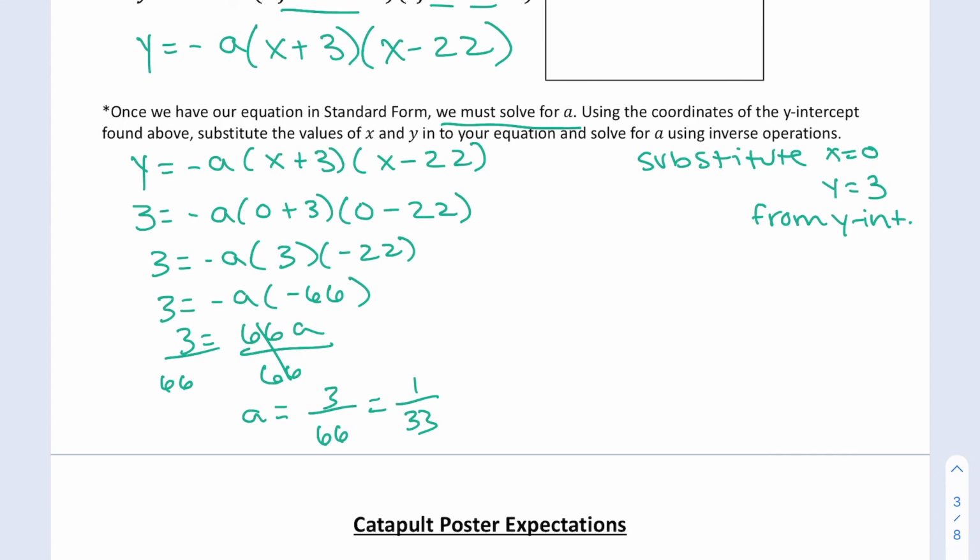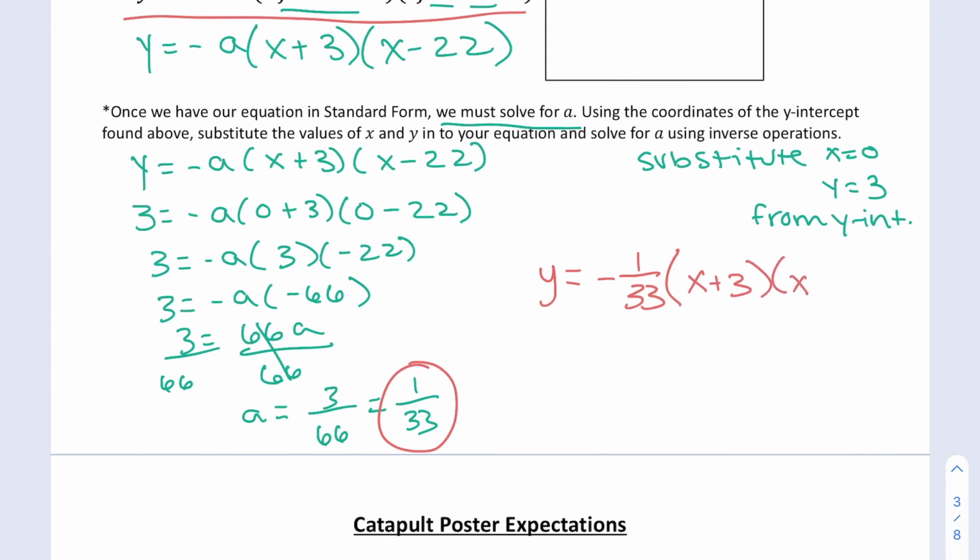So that is our value of a. If I wanted to now write, using this equation again, y is equal to -a, which is 1/33, times our factor 1, x plus 3, and our factor 2, x minus 22. This would be our equation in standard form.